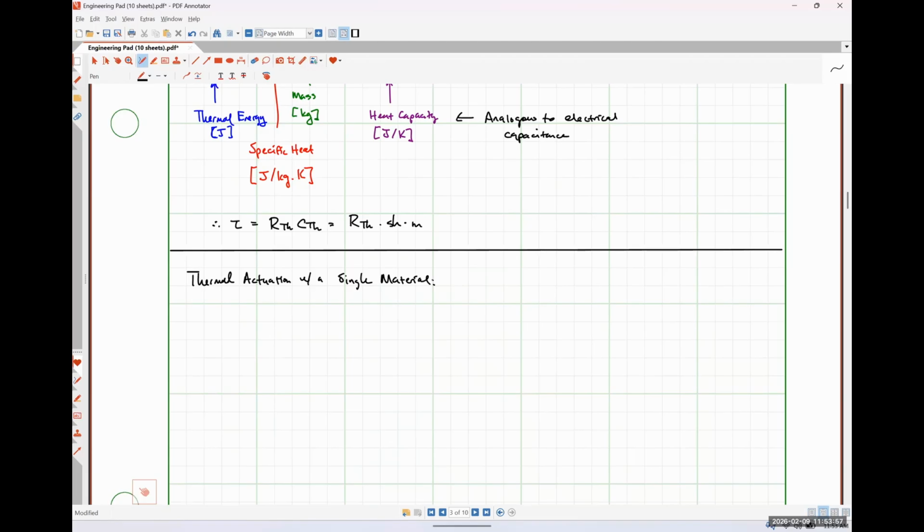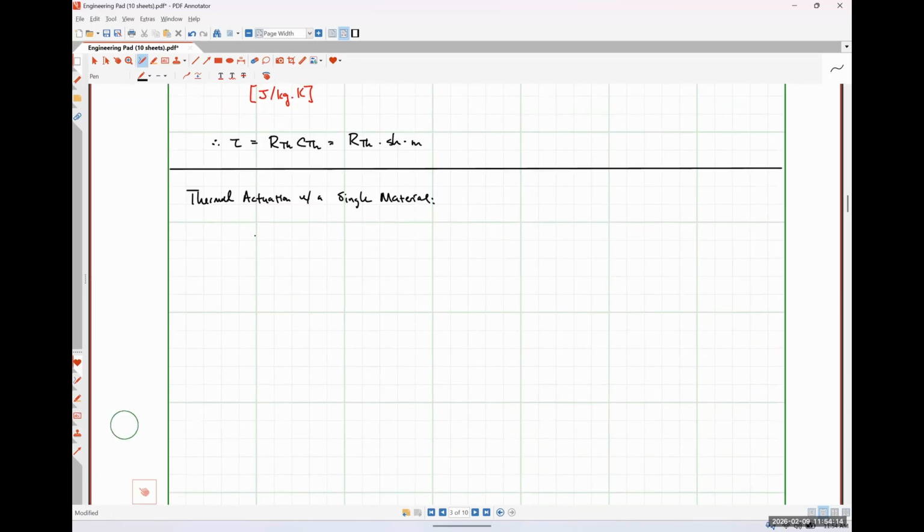Or if we have anchored both sides of a beam or something like that, instead of having thermal expansion, we might see a large force generated that's pushing against the boundaries that are keeping our beam from expanding, okay? So something akin to this, right?